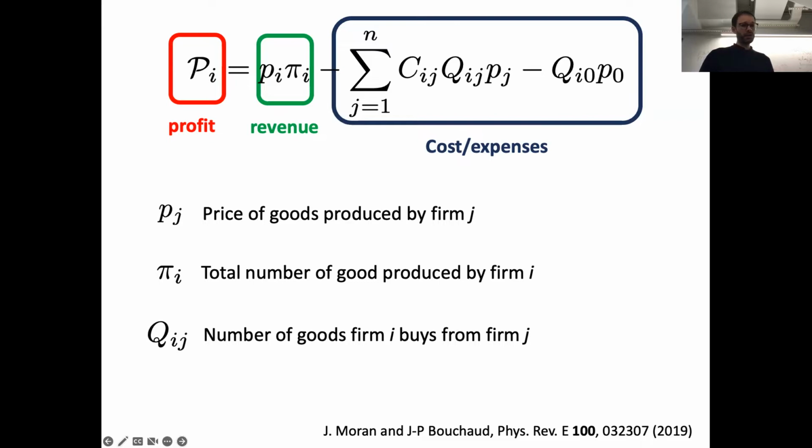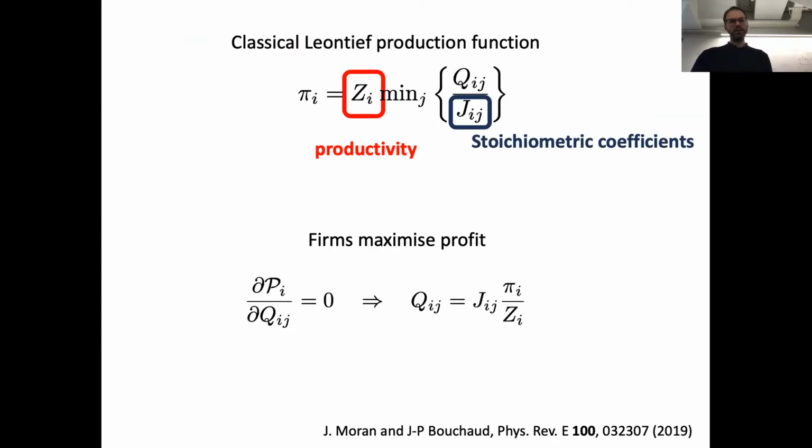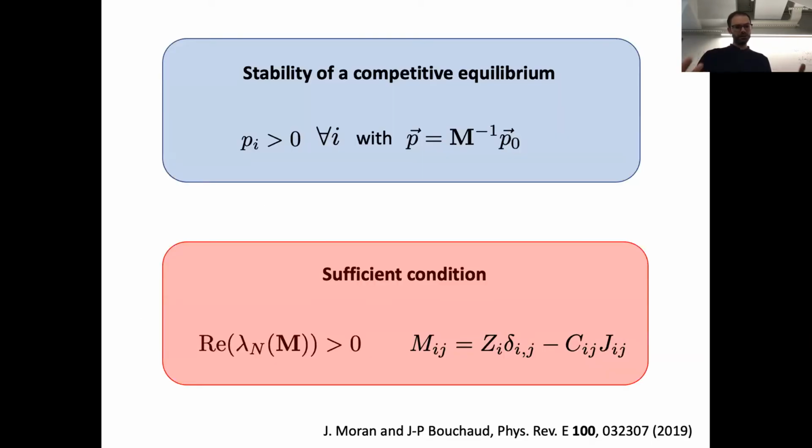There are too many variables in this model, so because of time constraints I will skip, but they make enough assumptions to get a condition, which is that the real part of the minimal eigenvalue is positive. So you can map the problem of spectra onto the problem of stability in what they call competitive equilibrium, because the profit must be zero in this model. The condition is based on the positivity of the prices.